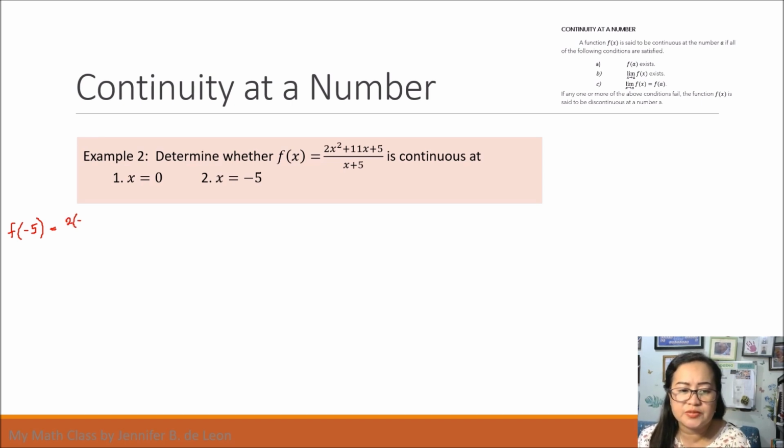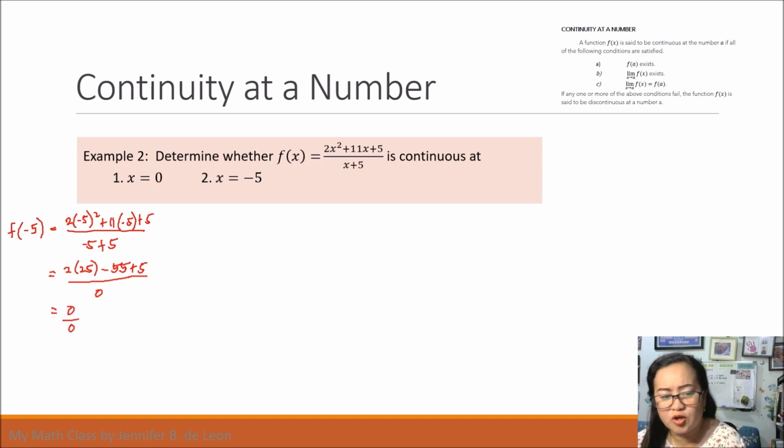So 2 times -5 squared plus 11 times -5 plus 5 all over -5 plus 5. Okay, to simplify this, this will be 2 times 25 minus 55 plus 5 all over 0. Now in the numerator, we also have 0. So this is an indeterminate form.